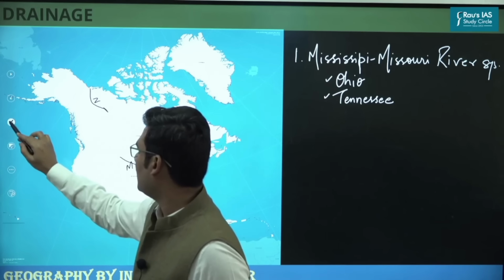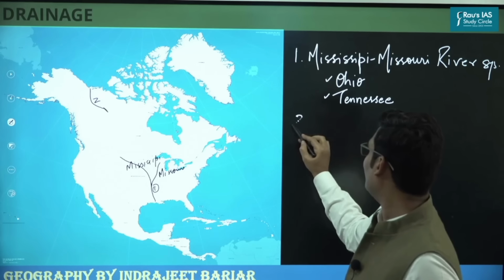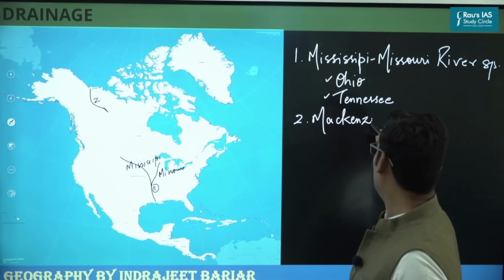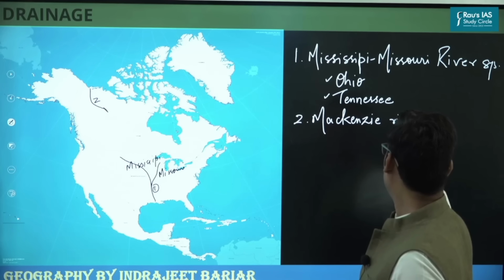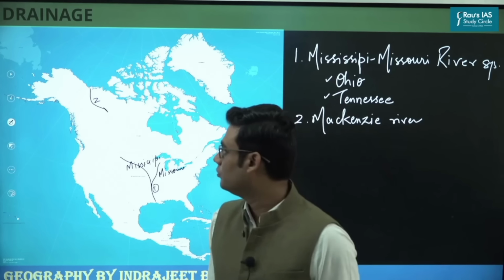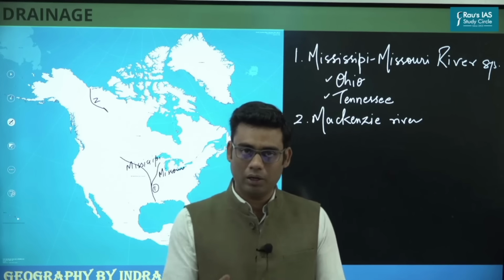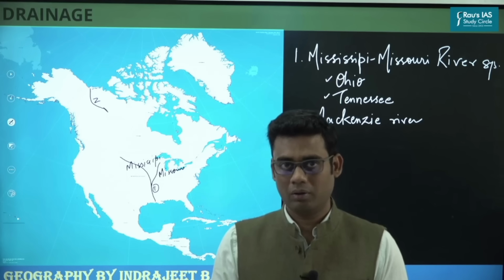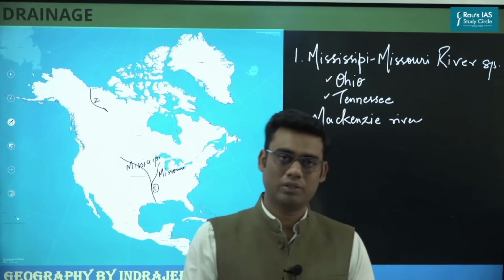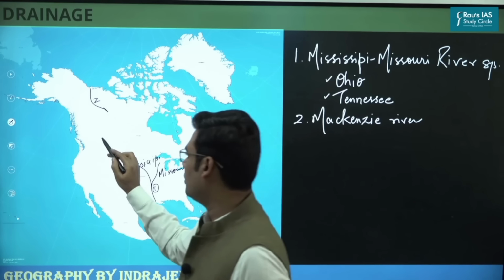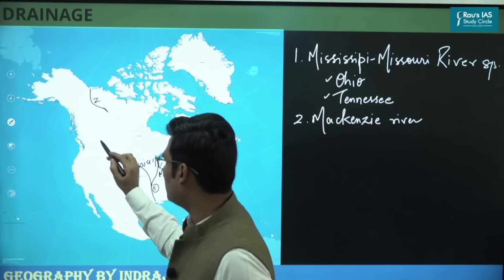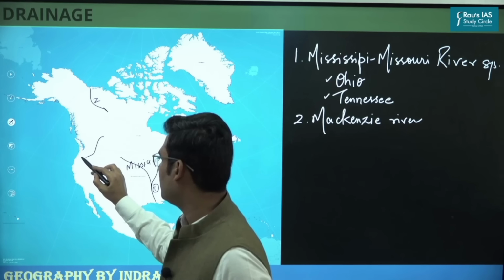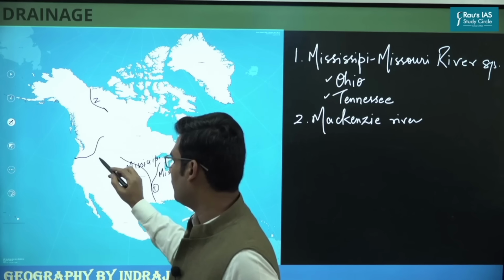So the second river is the Mackenzie River. Then we have a third river which originates in Canada but flows into the USA and drains into the Pacific Ocean.